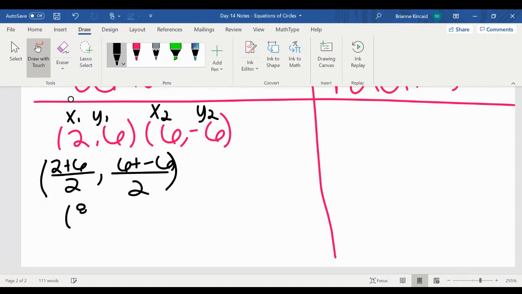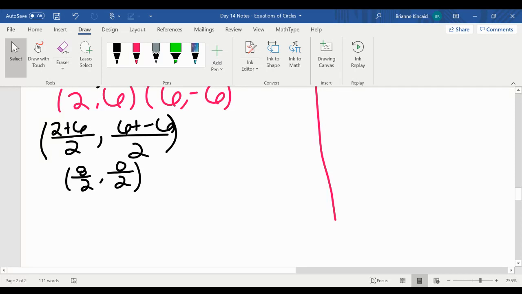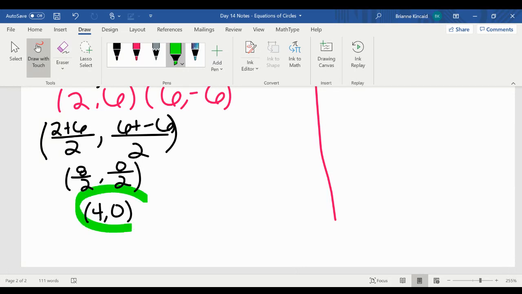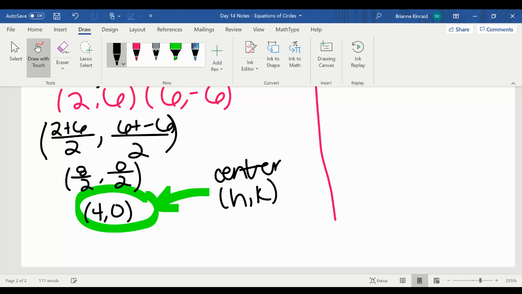That's going to give us 8 over 2, comma 0 over 2, or (4, 0). Remember, the midpoint that we just found here is my center, (h, k). So h is 4 and k is 0.